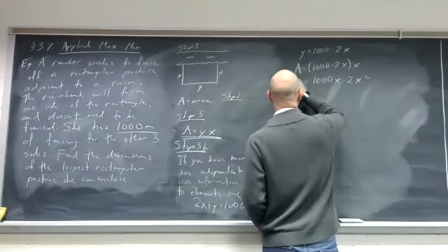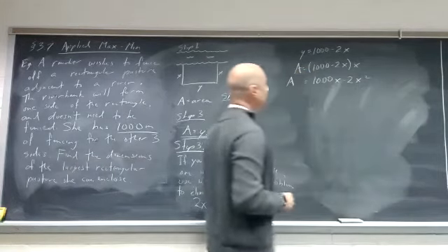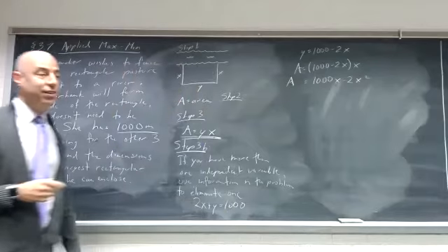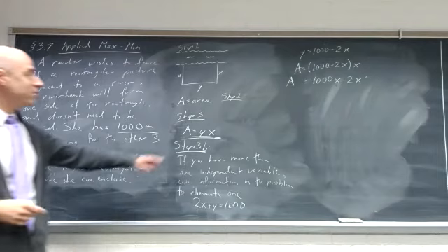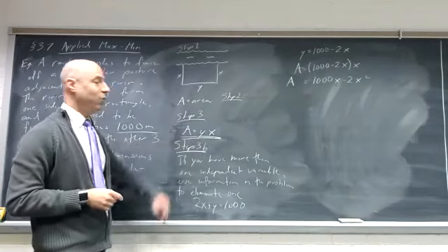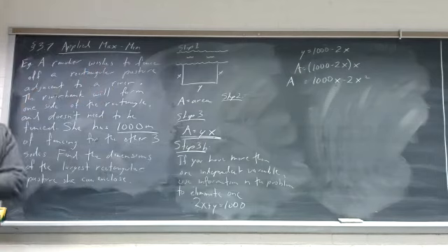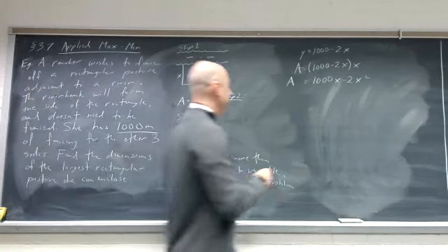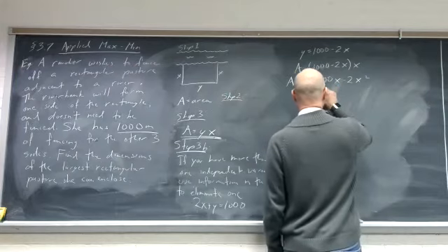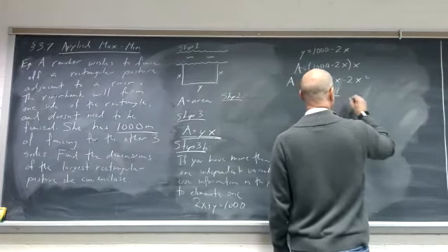And now I have a formula with just one independent variable. That's great. So we didn't have to do this step in the first problem because we only had one independent variable. Here we were stuck with two. We had to get rid of one. Let's go ahead and write down our interval.